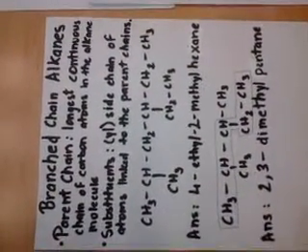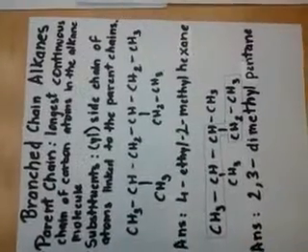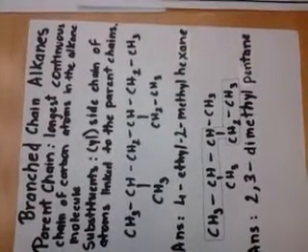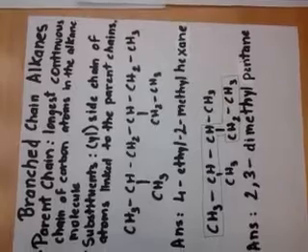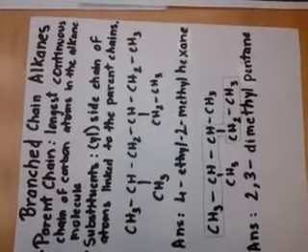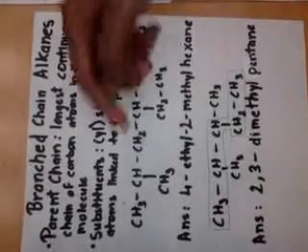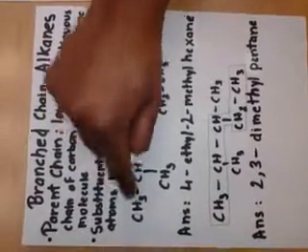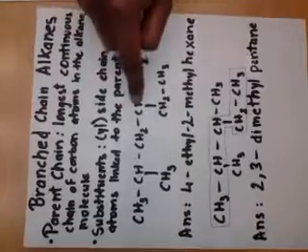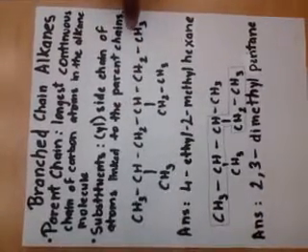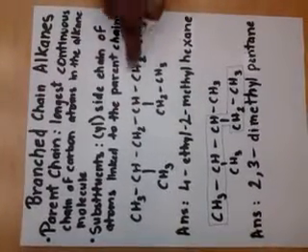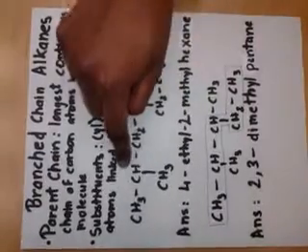And you have to figure out which way to number the molecule. You have to go in the way which will give you the lowest numbers. So in this case, if you were to go this way, it would give you 1, 2, 3, and 4. And if you were to go this way, it would give you 1, 3, and 5.